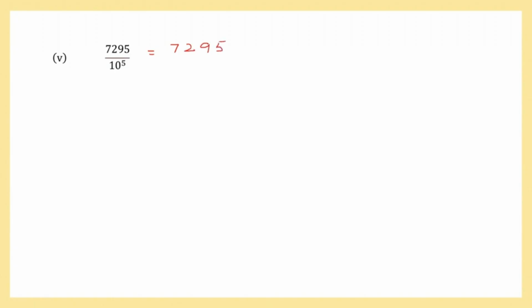Question 5. 7,295 by 10 to the power of 5. That is, you multiply 10 5 times. 1 followed by 5 zeros. 1, 2, 3, 4 and 5. So 5 zeros. Now my numerator, I'm going to write it as a whole number, 7,295.